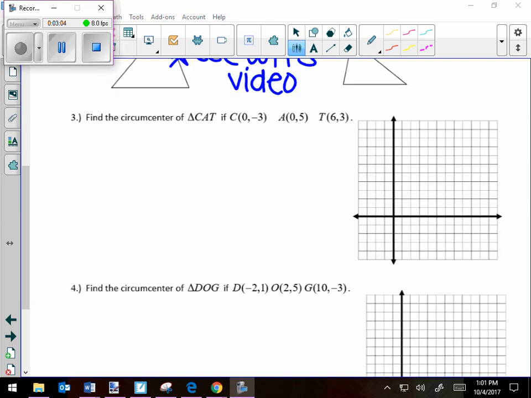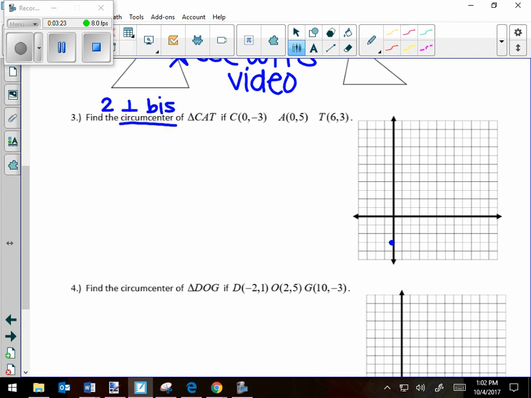For the other two questions on this paper, we're going to be using our graph to help us find the circumcenter of the triangle. We know that the circumcenter does involve the perpendicular bisectors, and we're going to do two of the three of them in this triangle. So first thing I'm going to do is plot the points for my triangle.